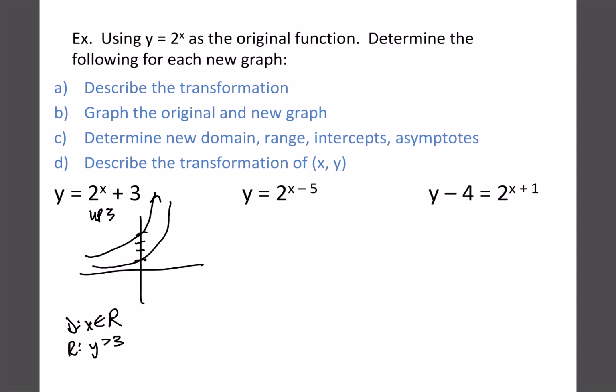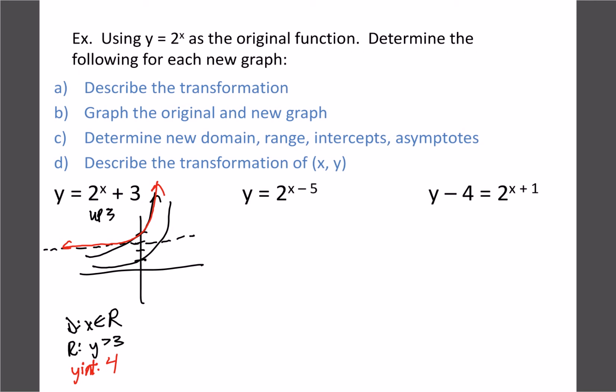I don't quite have mine sketched out right. At 3, we'd have our asymptote line now. So our graph should have actually curled more something like that. For intercepts, the original y-intercept was at 1, we went up 3, so now the y-intercept would be at 4, and our asymptote, like I said, is at the new location of y equals 3.